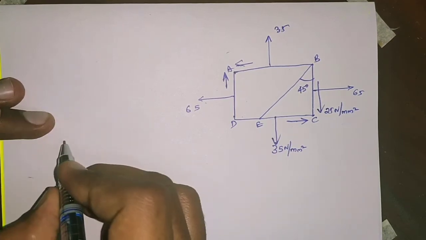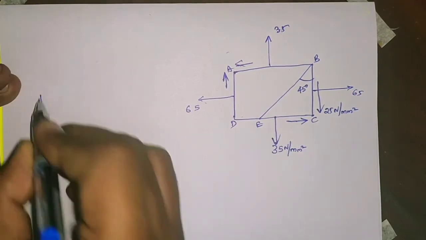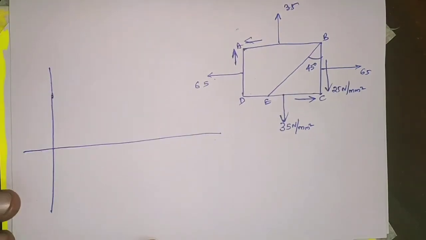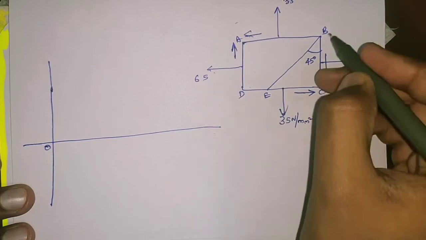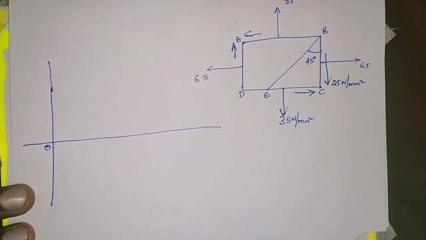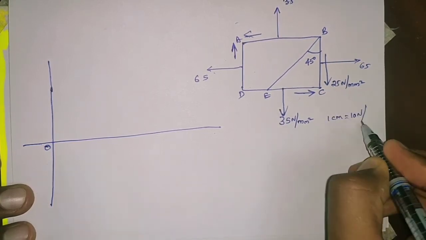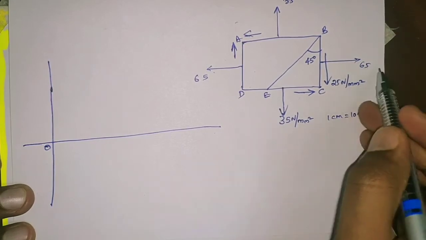So in this, this is my origin. First we have the BC plane. We are representing the BC plane. I am taking 1 centimeter equal to 10 Newton per mm square. So here 65 Newton per mm square.